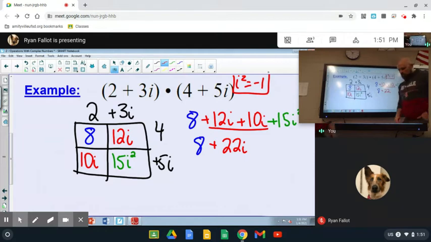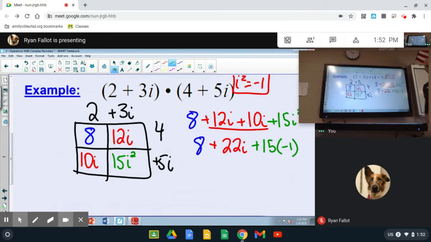I spoke about this in the previous lesson about how important that is to remember, that i squared is equal to negative 1. So anytime we see an i squared, we're going to substitute in a negative 1. So really, that's plus 15 times negative 1. And 15 times negative 1 is just negative 15.